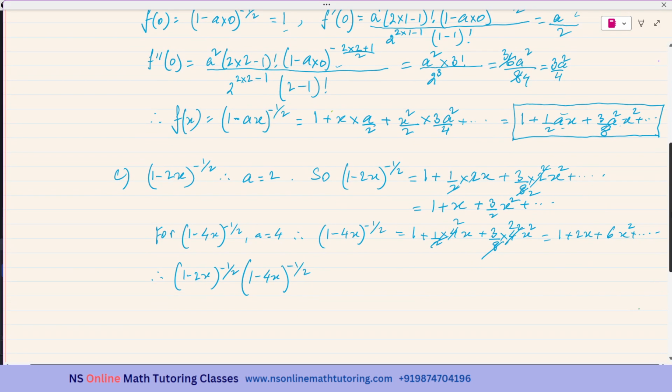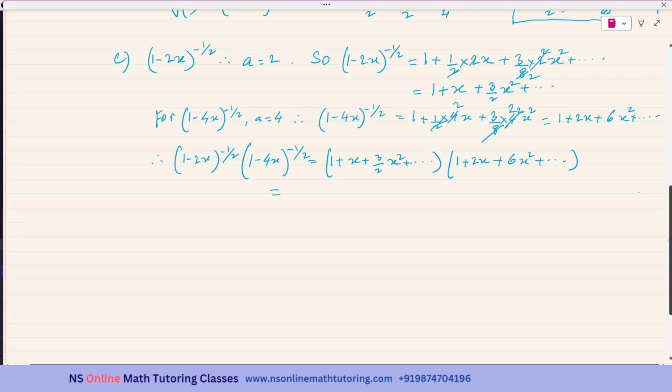So this should be approximately 1 plus x plus 3 over 2 x squared plus dot dot dot, times 1 plus 2x plus 6x squared plus dot dot dot. And we need terms up to x squared. So, 1 times 1 is 1 and 1 times 2x is 2x. 1 times 6x squared is 6x squared.